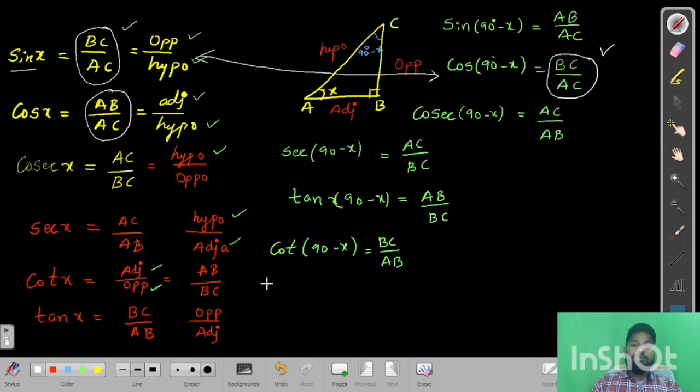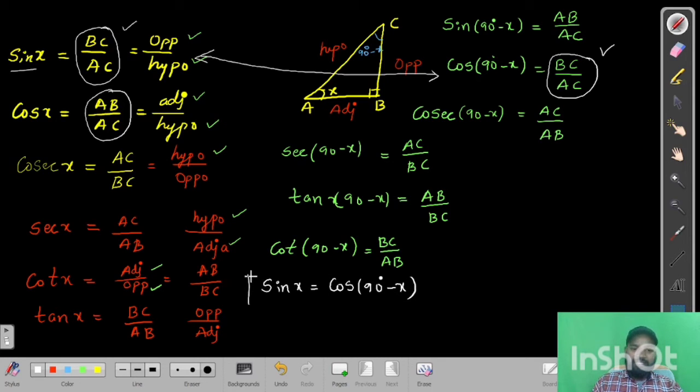So what you have to remember here: the complementary angle, cos of 90 minus x, equals BC by AC. So if you write like this, we can write sin x as cos of 90 minus x. Understood?